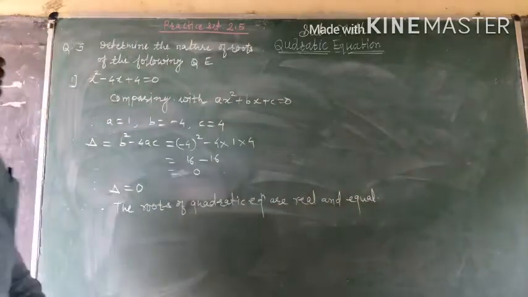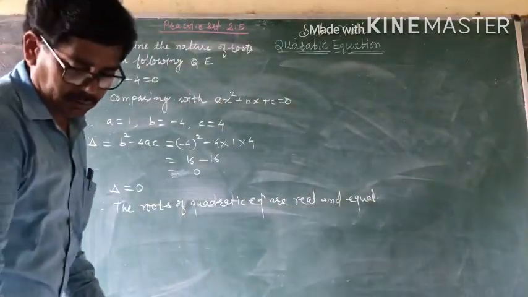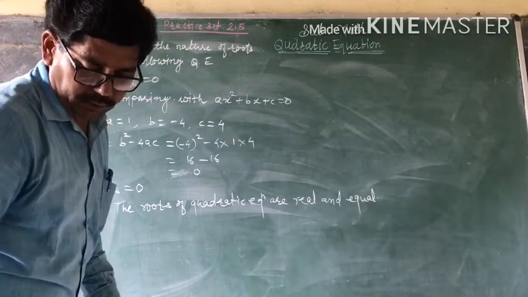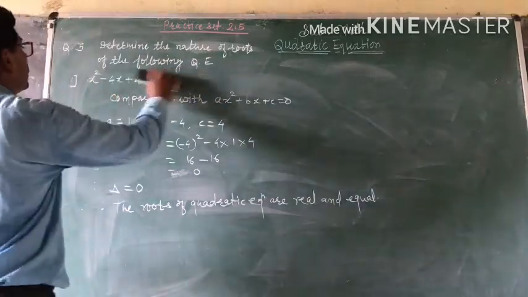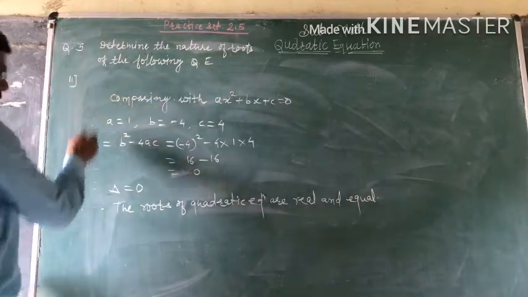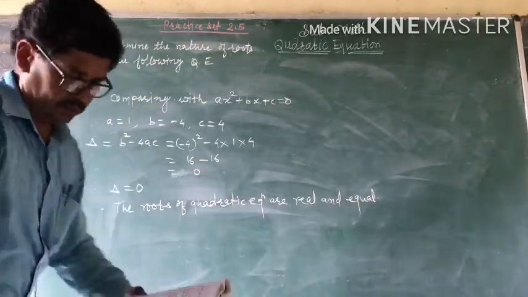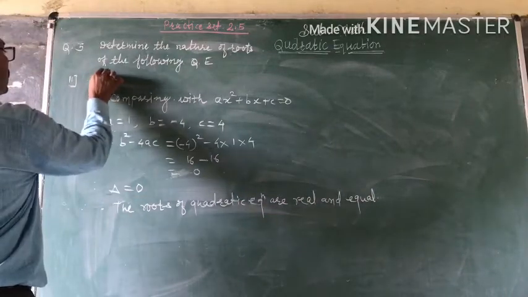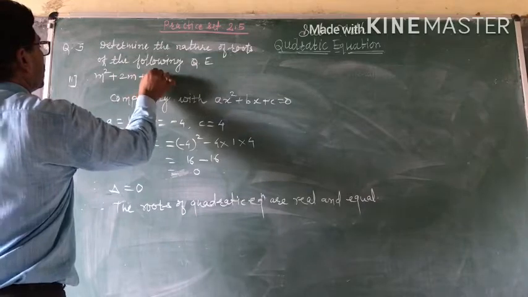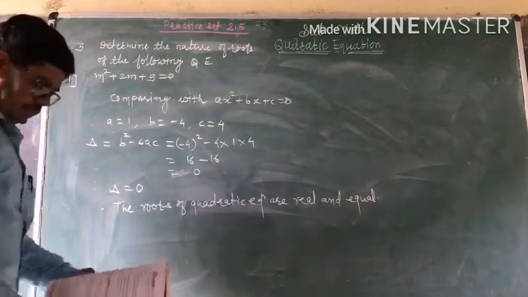Real and equal. The second example: m square plus 2m plus 9 is equal to 0.